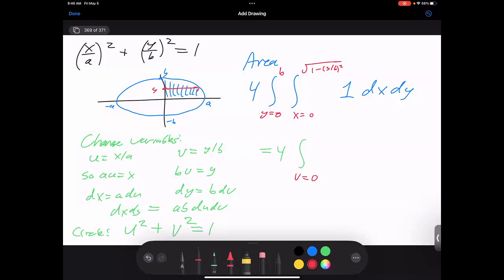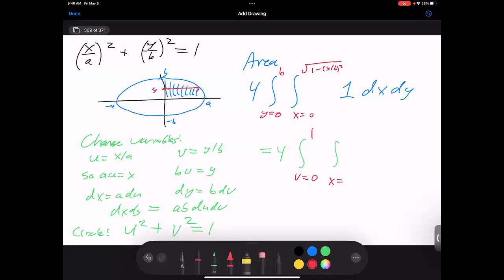When y equals 0, v equals 0. What does v equal when y equals b? It just equals 1.